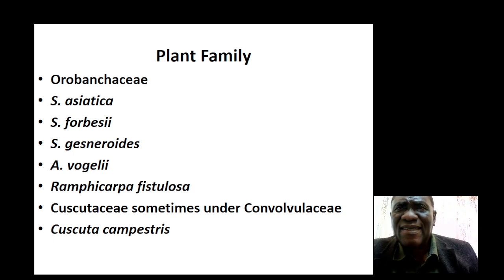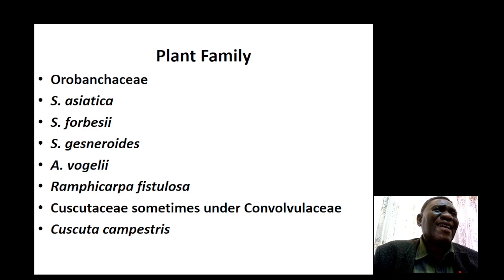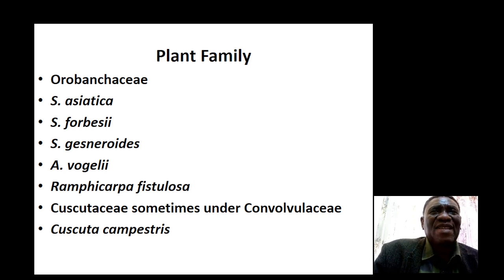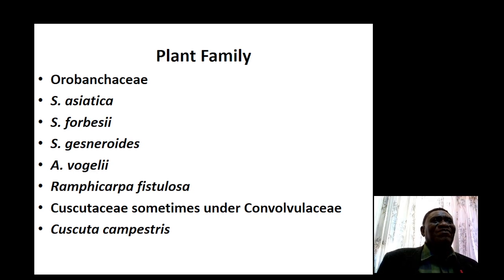Under this family, we have got Striga asiatica, Striga forbesii, and Striga gesnerioides, Alectra vogelii, Rhamphicarpa fistulosa.